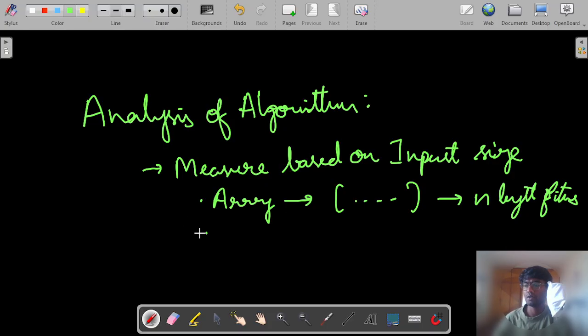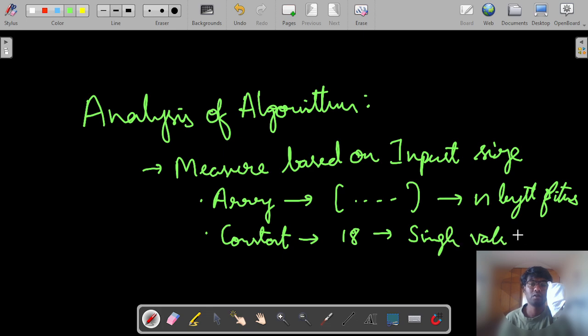Similarly, let's say we have a constant, a single value, let's say 18. So this might take constant space of 1, right? So this way we should have an idea of the time complexity. This might be T of 1 and O of n, we call it, right? And space complexity might also vary based on the way the program is designed, right?